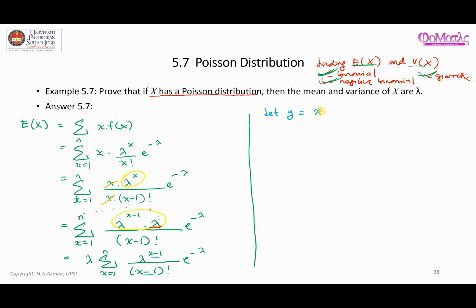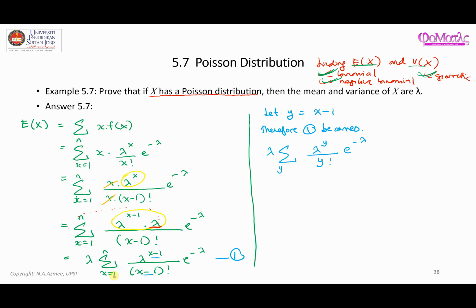Let y become x minus 1. So here we have lambda, and this one is going to be lambda to the power of y over y factorial, times e to the negative lambda. Right now we have y instead of x, where y is equal to x minus 1.